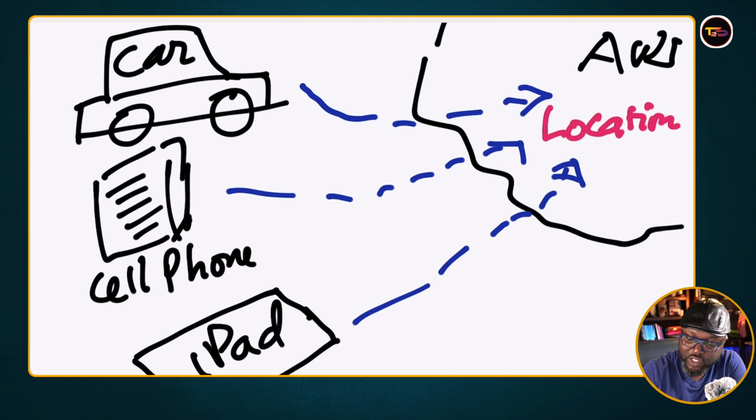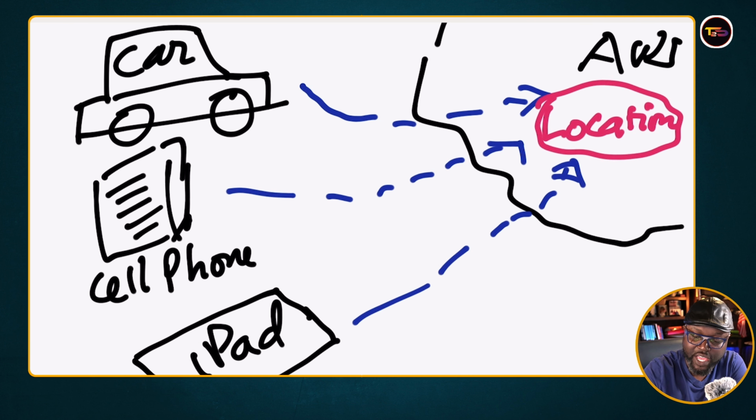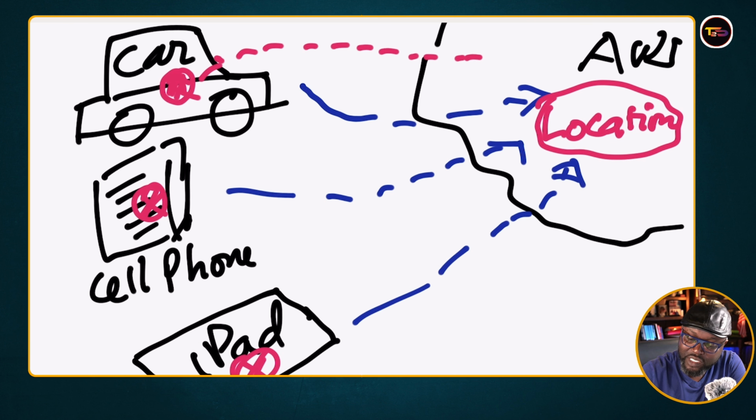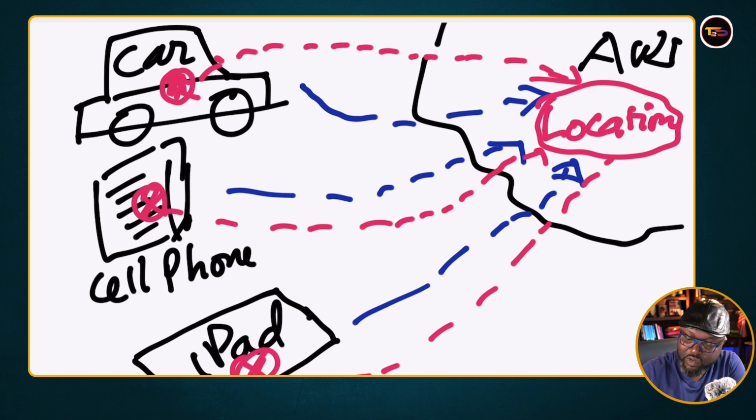The location service is a resource that you have on AWS, and you want to connect those devices to that specific service, meaning you're going to configure something on these devices which will enable them to communicate with whatever service you have.